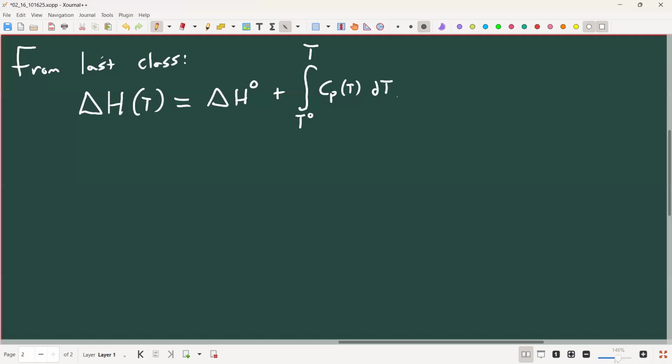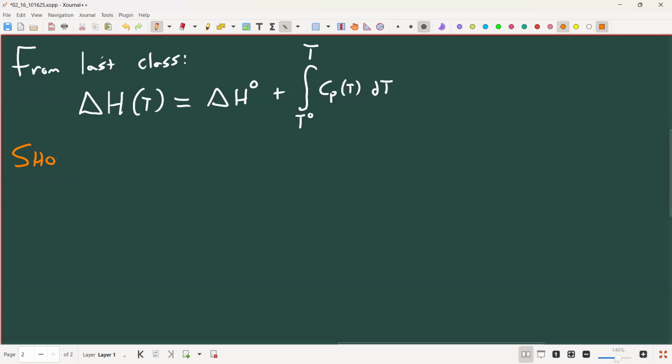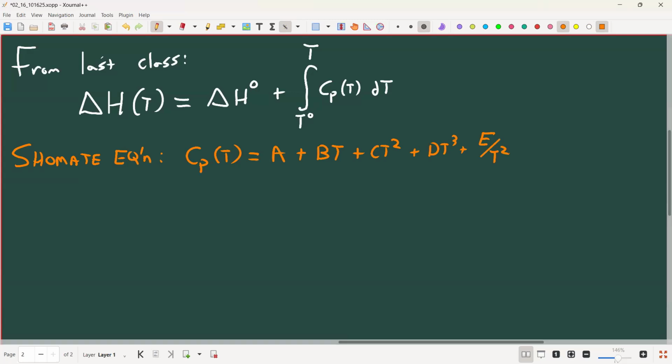So what else can we learn from this? We saw that we can represent the heat capacity using the Shomate equation, and there are other types of equations we can use that say the heat capacity can be written as just a function of T. You will play around with these on the homework.